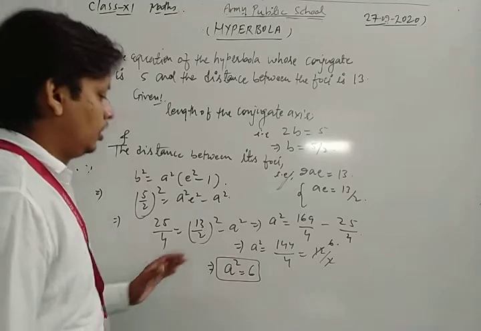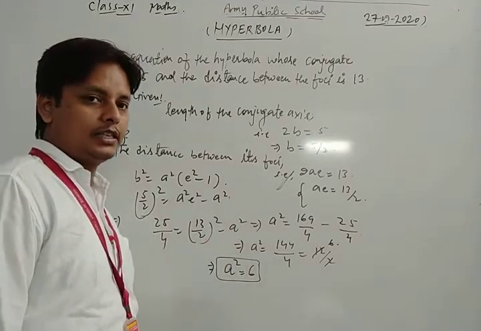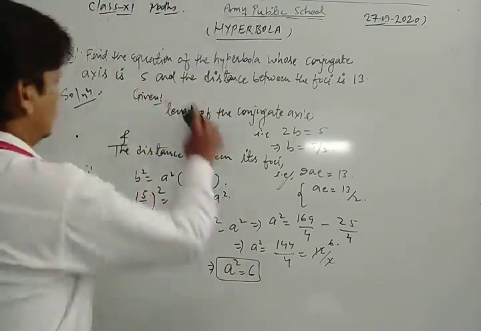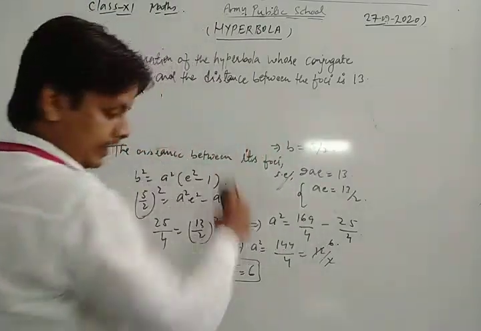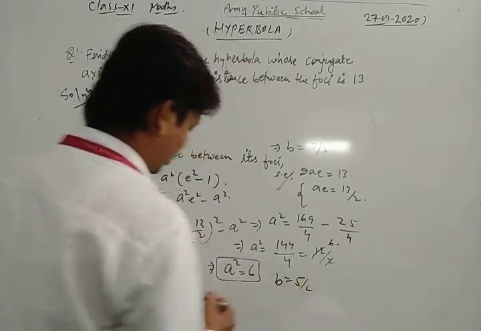Now we can find the equation of the hyperbola easily. Now look, here the value of b is what? 5 by 2, right? In this way.